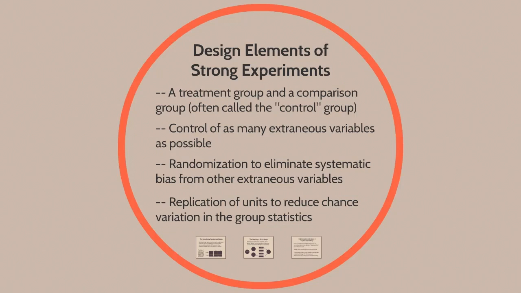But even if we have only 10 people, that's replication. If we have 5 individuals in the treatment and 5 in the control, that's some replication of units. So we don't want just one individual in each condition. We want to replicate among units. Okay, so with that in mind, let's look at some examples.